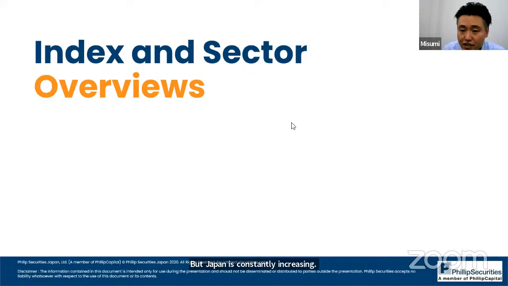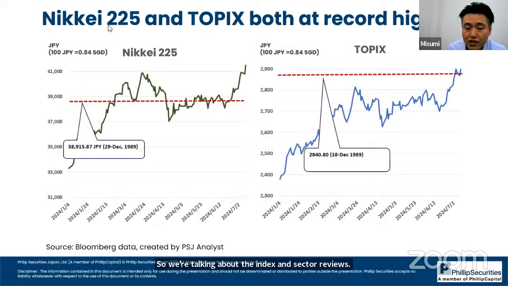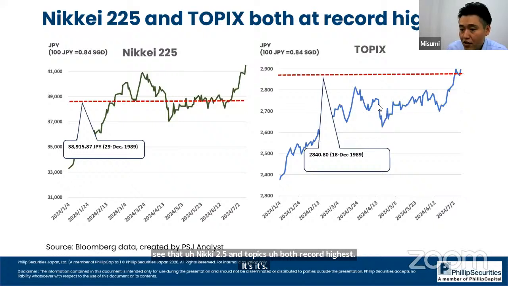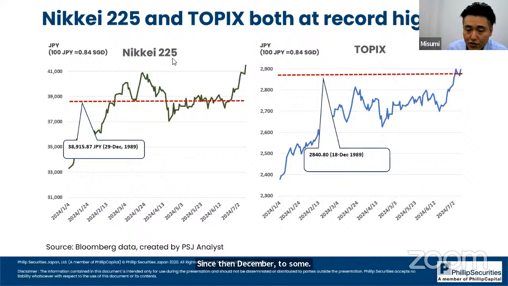So we're talking about the index and sector reviews. We see that Nikkei 225 and TOPIX are both at record highs. TOPIX hit a record high since December 1989, and Nikkei 225 has also hit a record high, with prices continuing to increase.